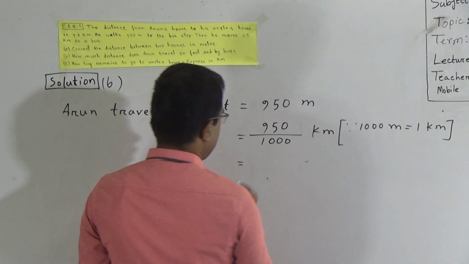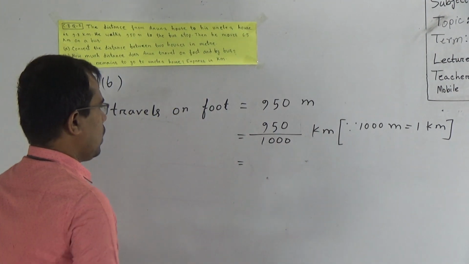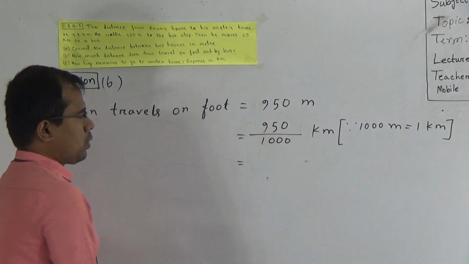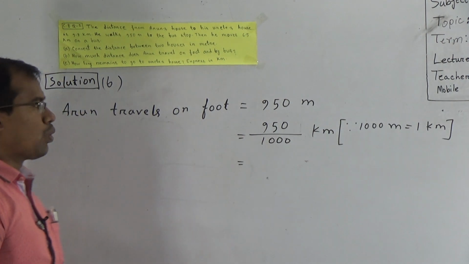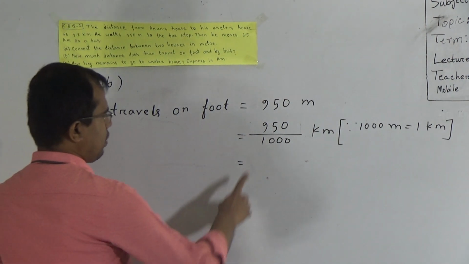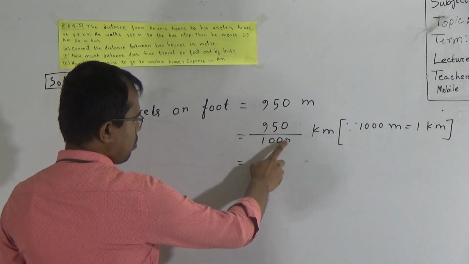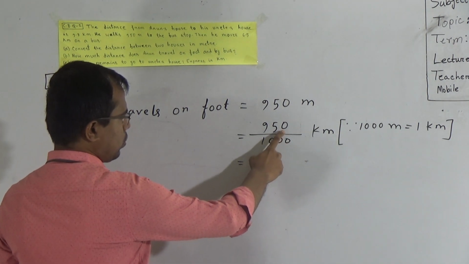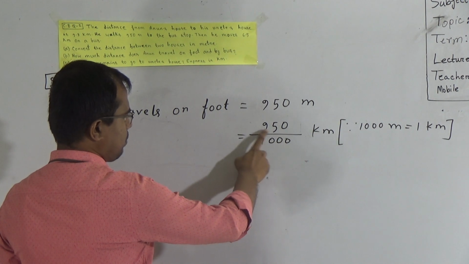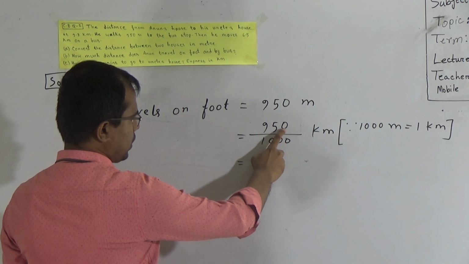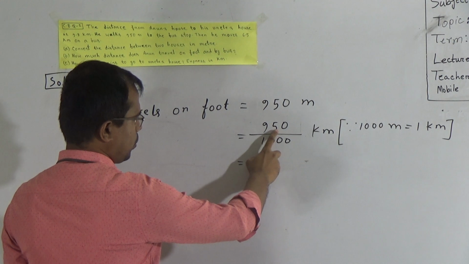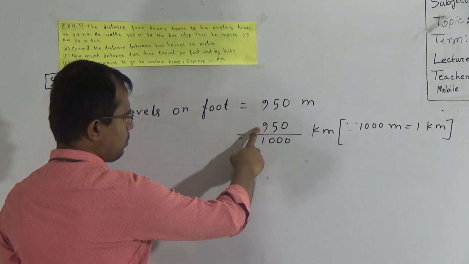Now here in the denominator, after 1 there are 3 zeros. So after dividing, we have to give the decimal sign 3 places before from 1 place. Here 1, 2, 3, that means in this place we have to give 0.